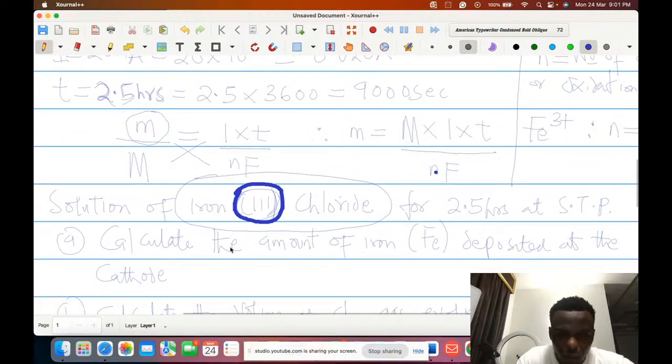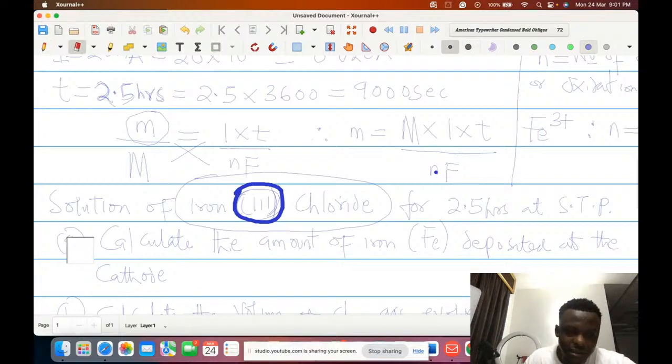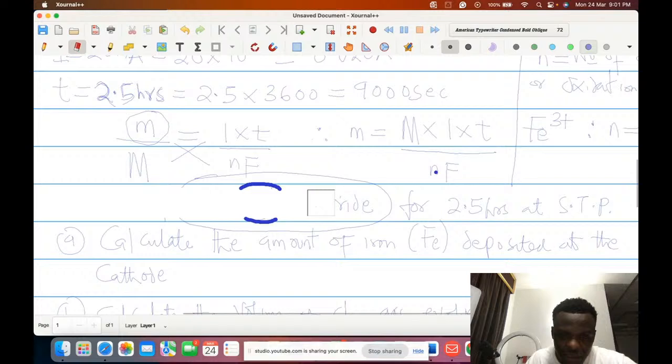Okay. So let's solve for this. They said calculate the amount of iron deposited at the cathode, and I told us that the amount of iron is capital letter M. So we'll clean this part so that we have enough space to solve.